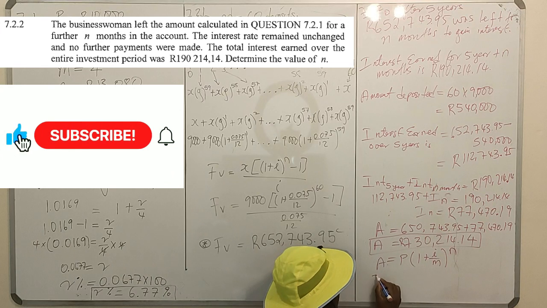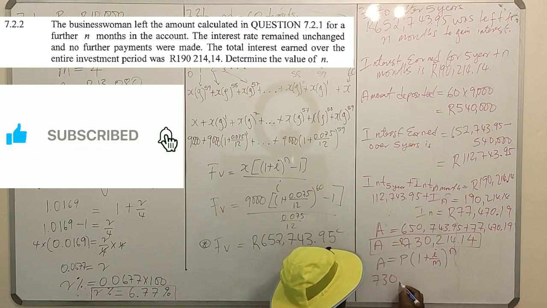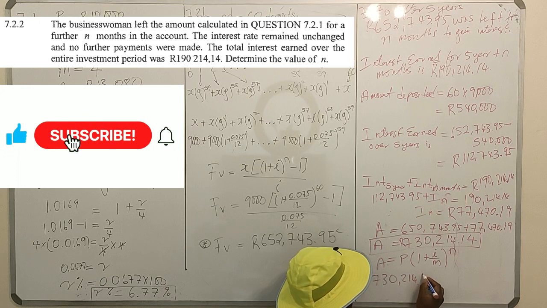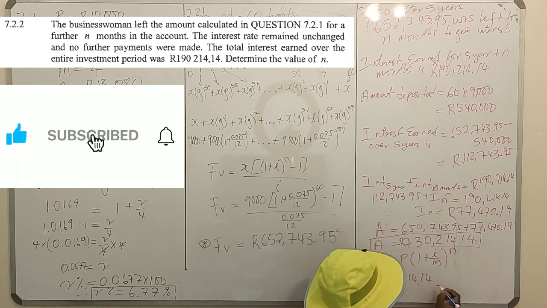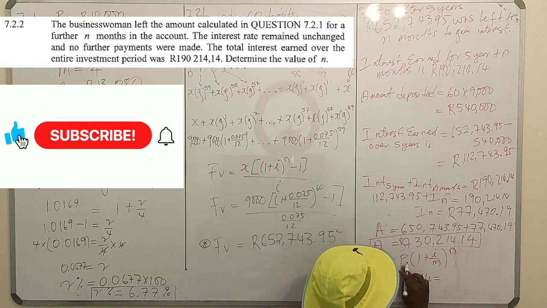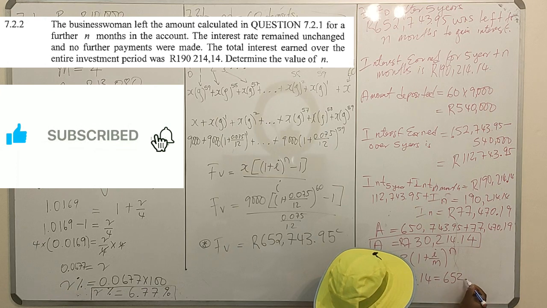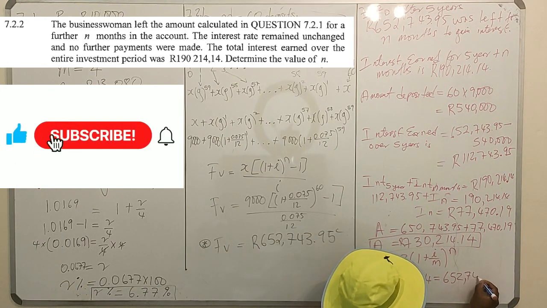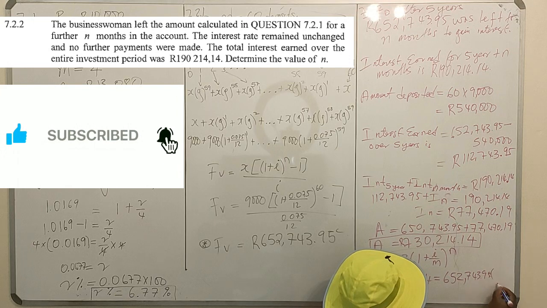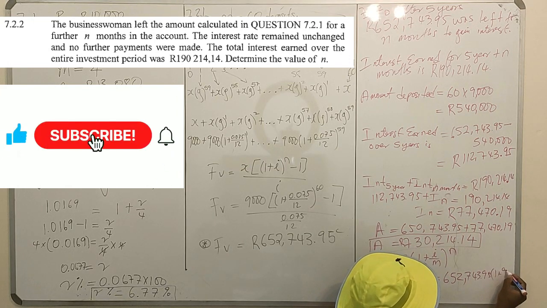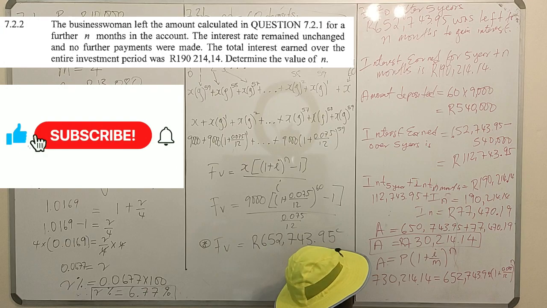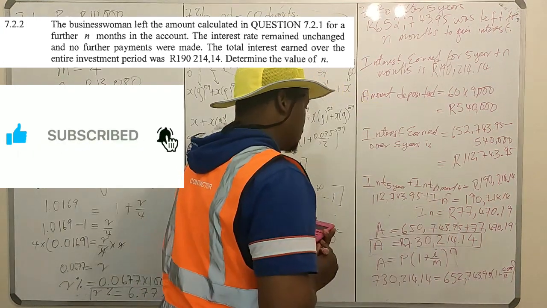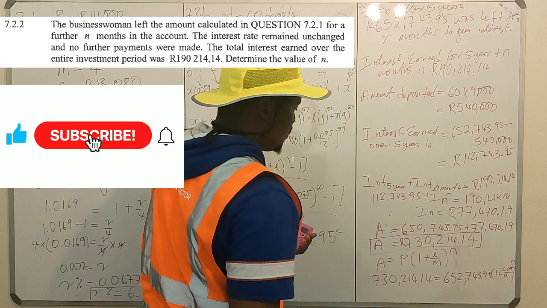We have the amount A, 730,214 rands 14 cents, is equal to P. What is your initial amount? It was 652,743 rands 95 cents into 1 plus 0.075 over 12 raised to n. So this is what you had. I'm going to clean the board and then we continue with that.